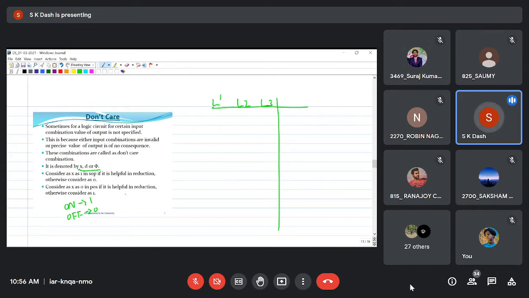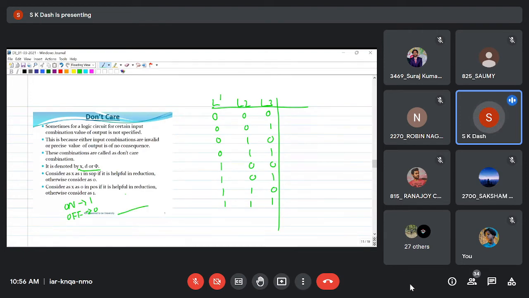What are those possibilities? 000, all LEDs are off. 001, only L3 is on. 010, only L2 is on. 011, L2 and L3 are on. 100, only L1 is on. 101, L1 and L3 are on. 110, L1 and L2 are on. 111, all the LEDs are on. So these are all possible input combinations.